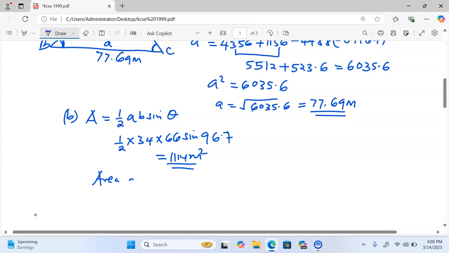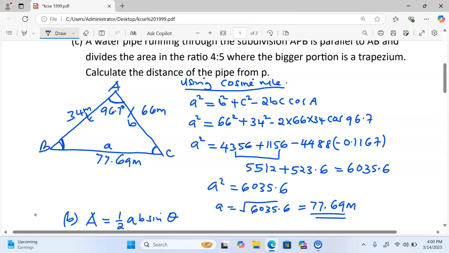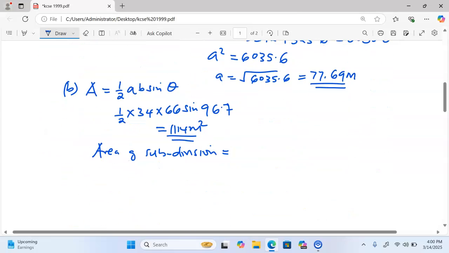To get the area of the subdivision, we are simply going to use the ratio given. Assuming this is our point P here, subdividing this line BC in the ratio of 1 to 3, we are going to use the ratio to work out the area of the subdivision.